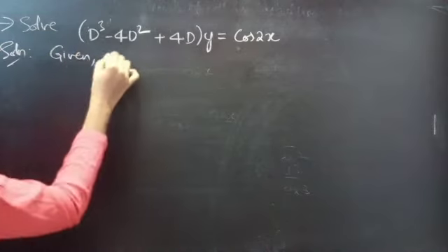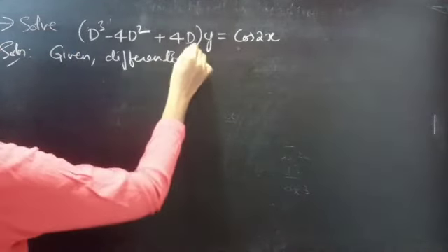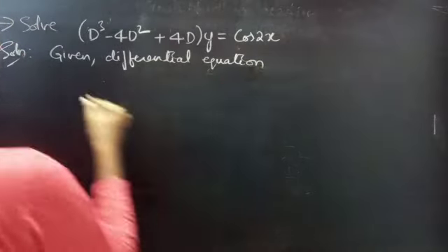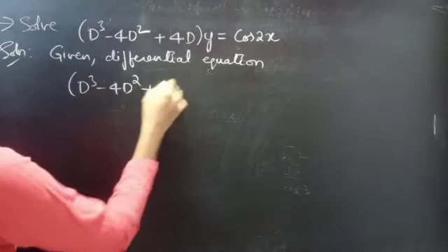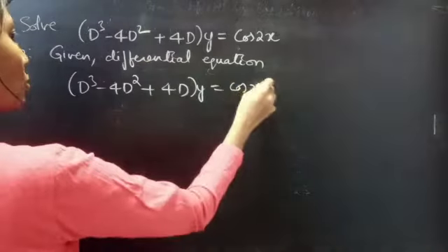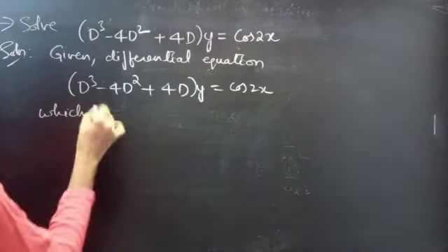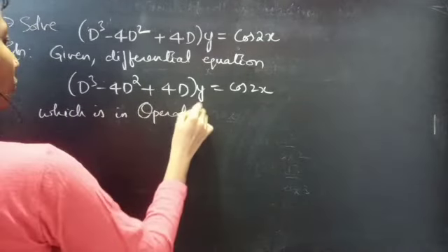Given differential equation: D cube minus 4D square plus 4D into y equals cos 2x, which is in operator form.